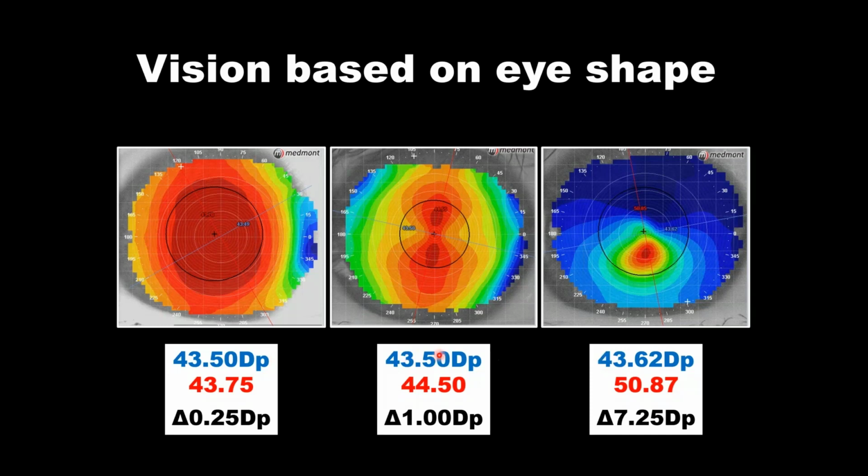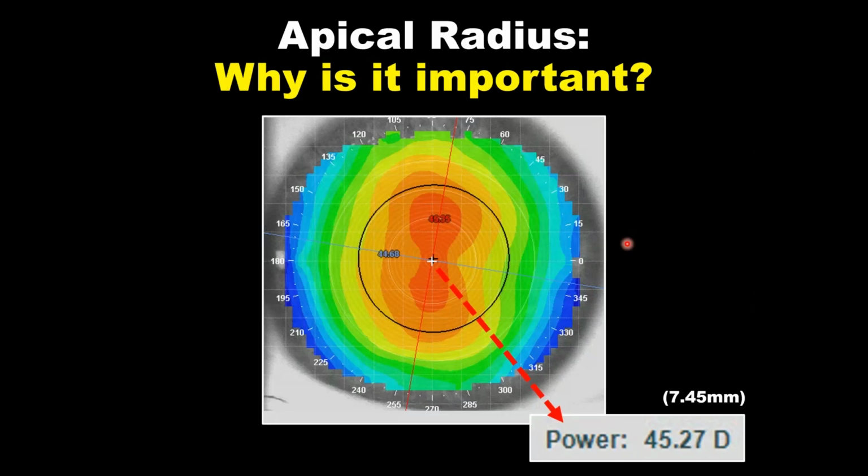In this case, we see all of these eyes are about 43.5 diopters in flat axis radius, but you get the sense where K readings kind of let us down a little bit when we're dealing with the irregular cornea. If we were looking at the flat radius of the eye only, K readings are telling us all these eyes are the same, but as you can tell, all these eyes are very different.